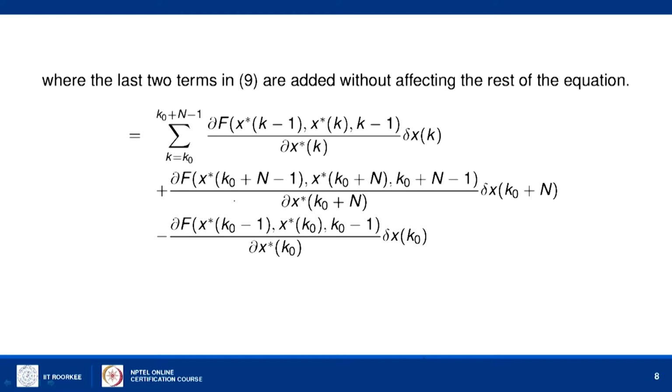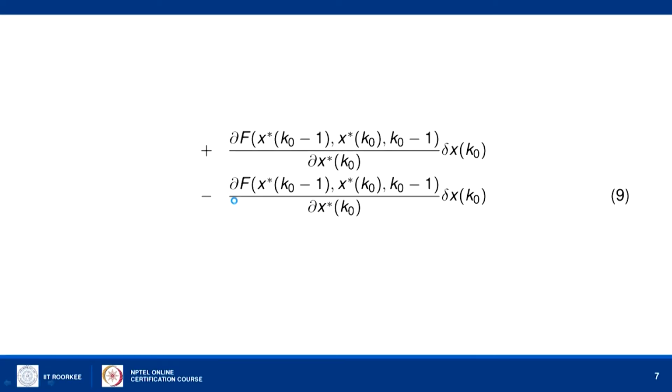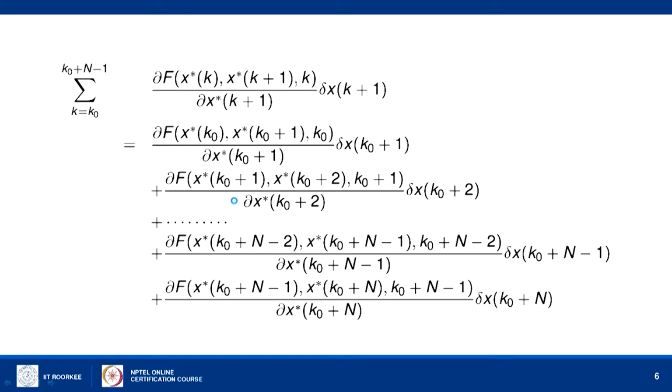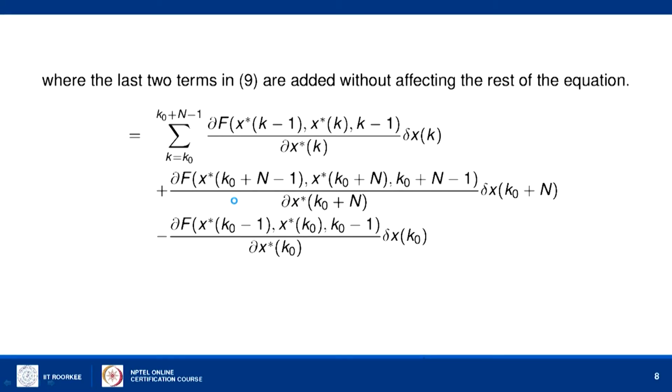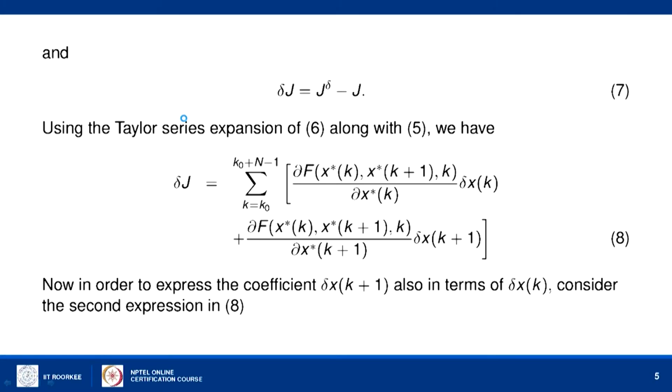So these two terms are omitted and this summation takes care of all the other terms. See, this last term is not there inside the summation and this last term is also not there in the summation. So we take this term as well as this minus term and combining these two here separately we get the entire expression which we want here. Okay. So the second term was written in that particular form.